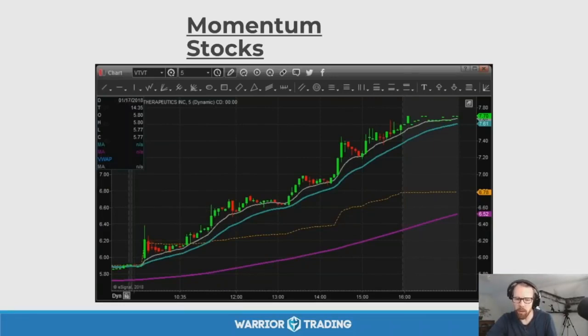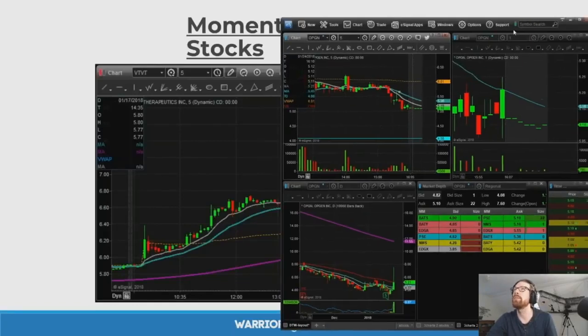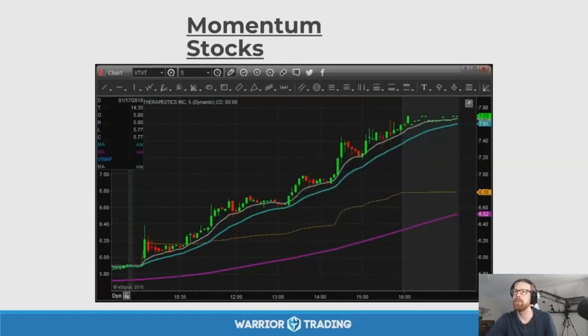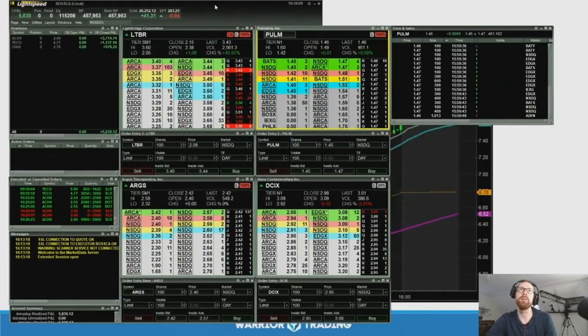One of the platforms that I like to use, I of course trade on Lightspeed, and I use eSignal right here for my charting, and I use Trade Ideas for my scanning. So I'll mention those tools sort of interchangeably today. And here is my Lightspeed platform.